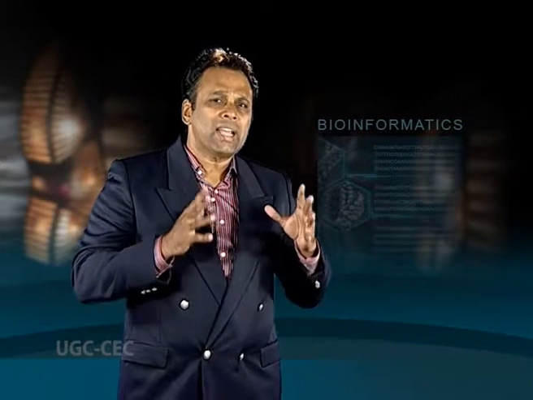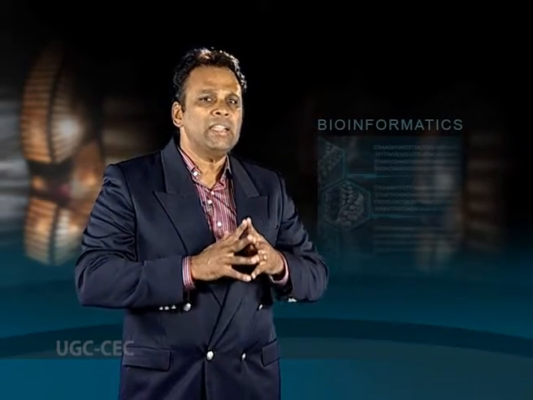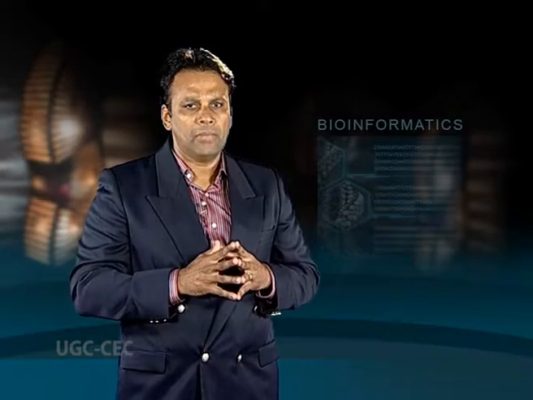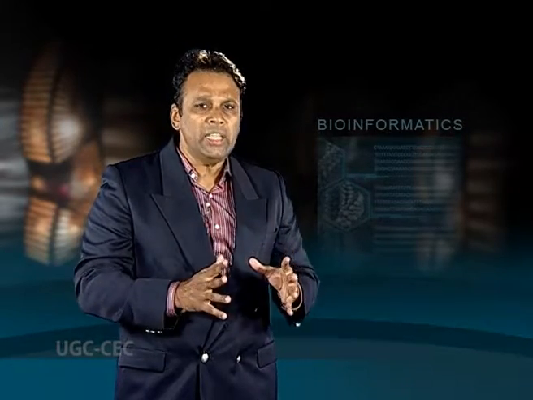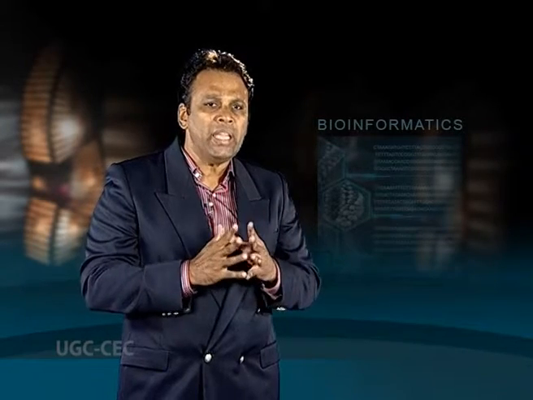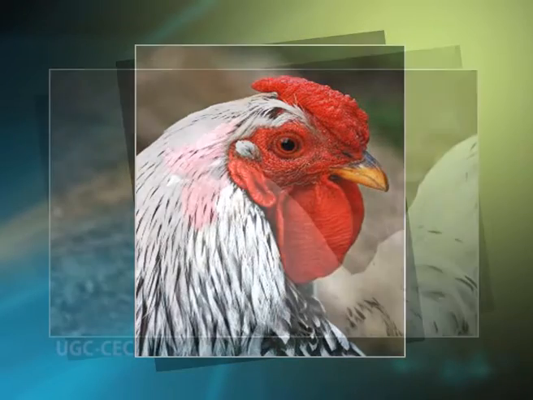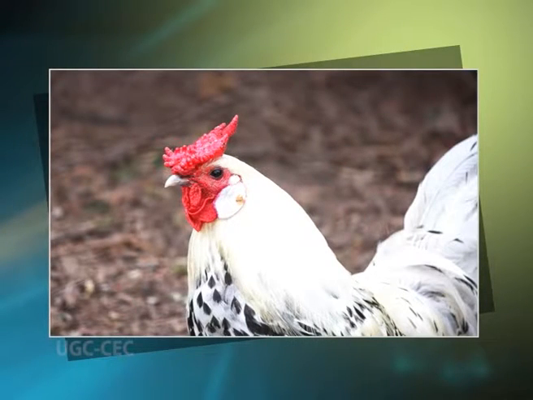Rose comb is a classical monogenic trait of chickens and varies in different breeds. The rose comb is a fleshy, tube-shaped solid comb that extends from the beak to the back of the head with a pointed spike. The top surface is slightly convex with small rounded protuberances.